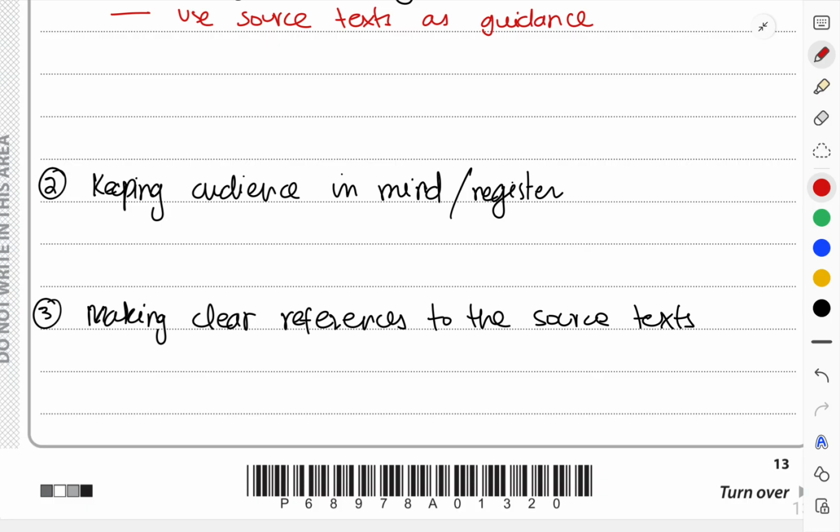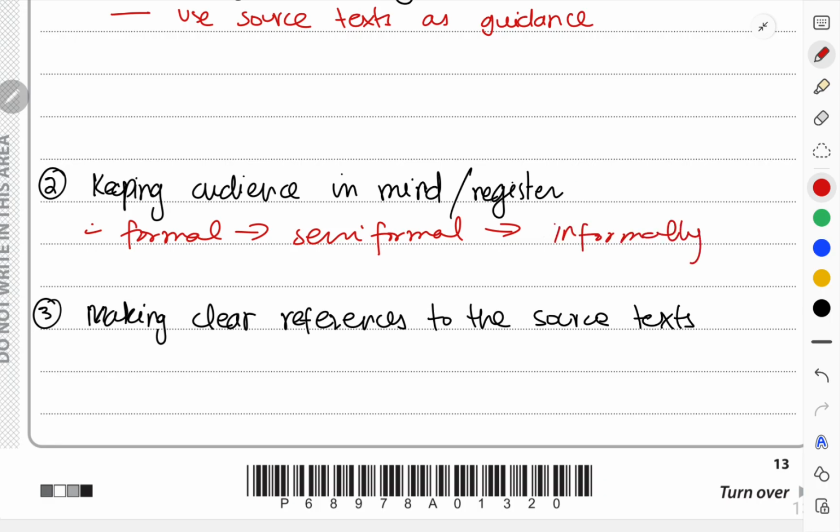So you should include something that's going to make your speech engaging. So you need to keep your audience in mind, and then you can change the register of your text from formal to semi-formal to basically informal, right? So this is something you should keep in mind.